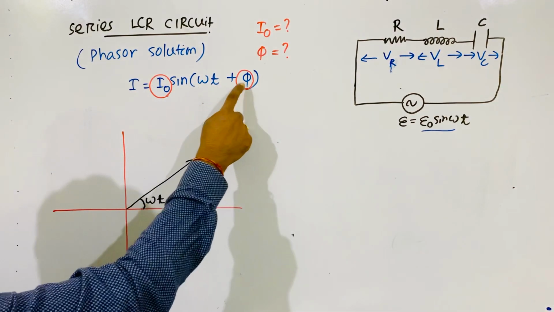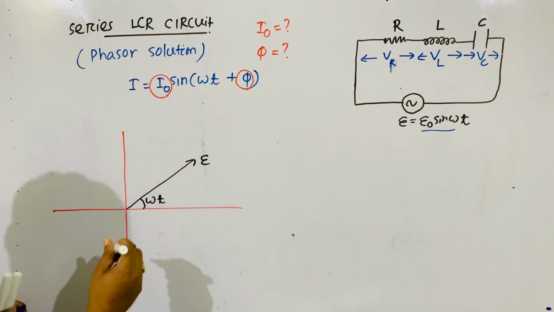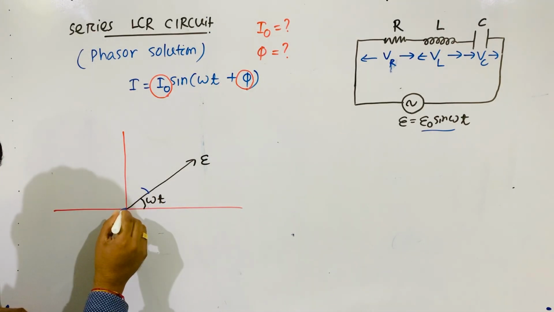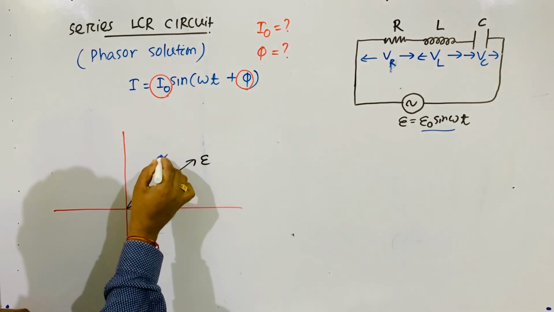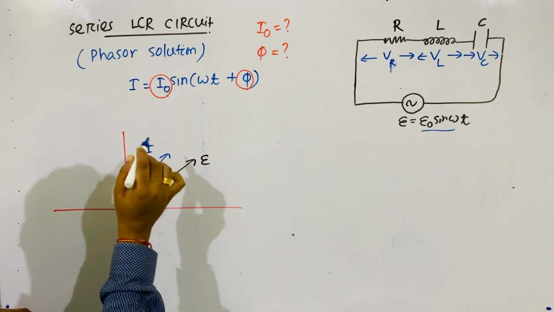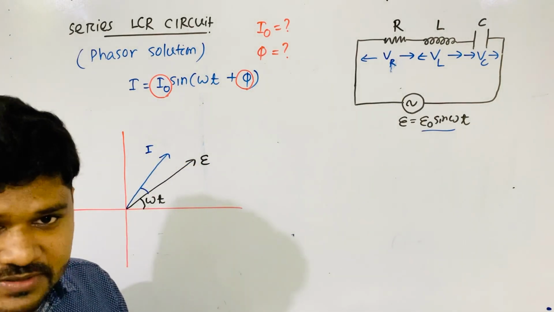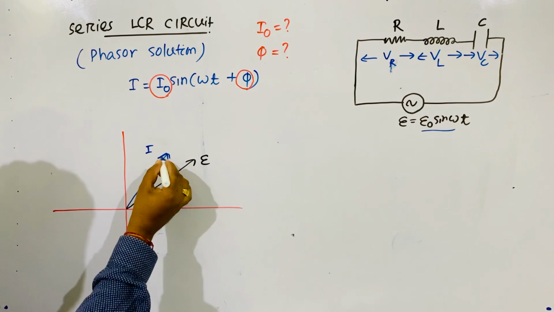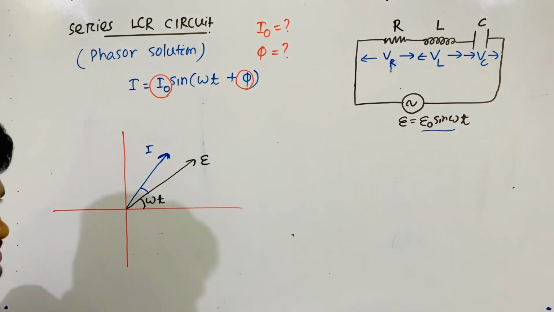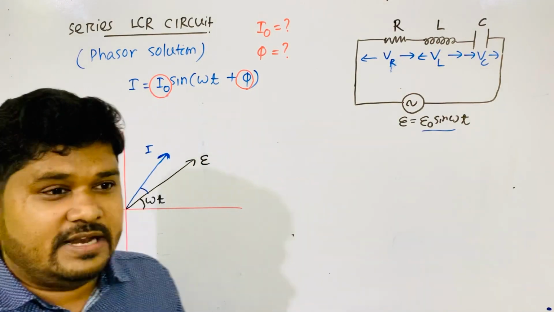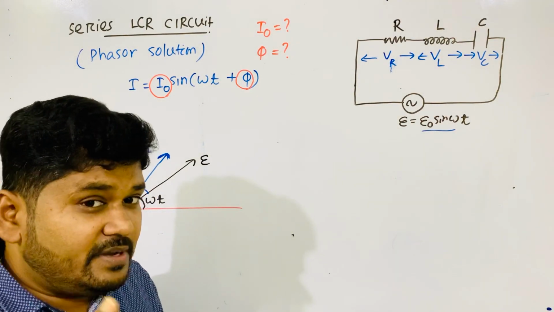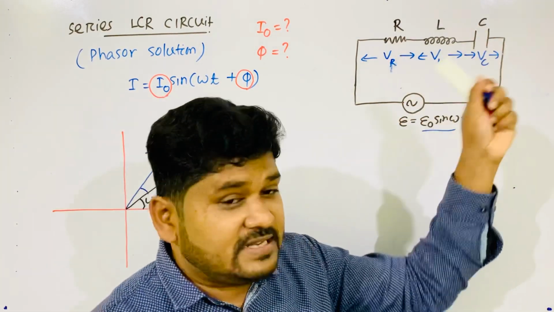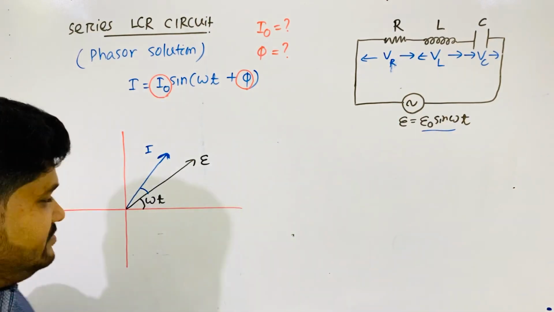Plus phi means in the direction away from the x prime axis. So this is the EMF and this is the current in the phasor diagram. Actually, we don't know where the current is or its magnitude, but whatever the magnitude, it must be the same in all three elements, and the phase will also be the same. This is the phi.